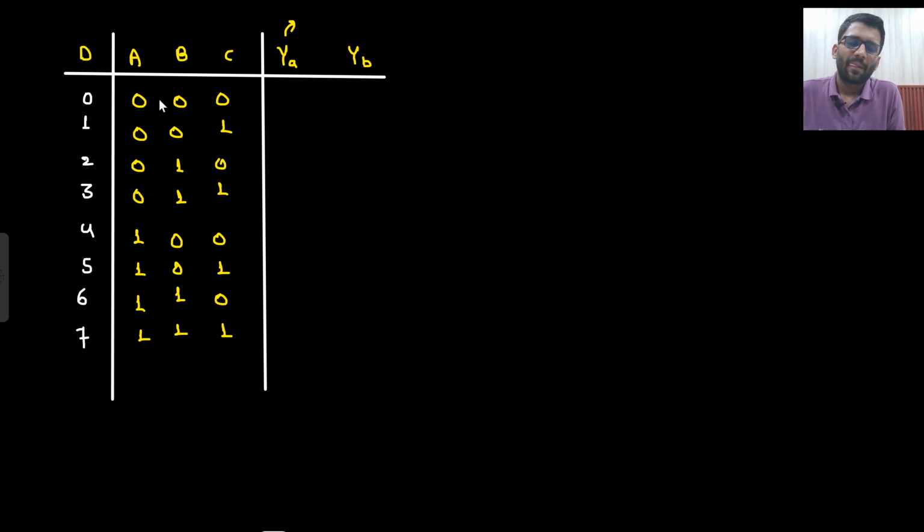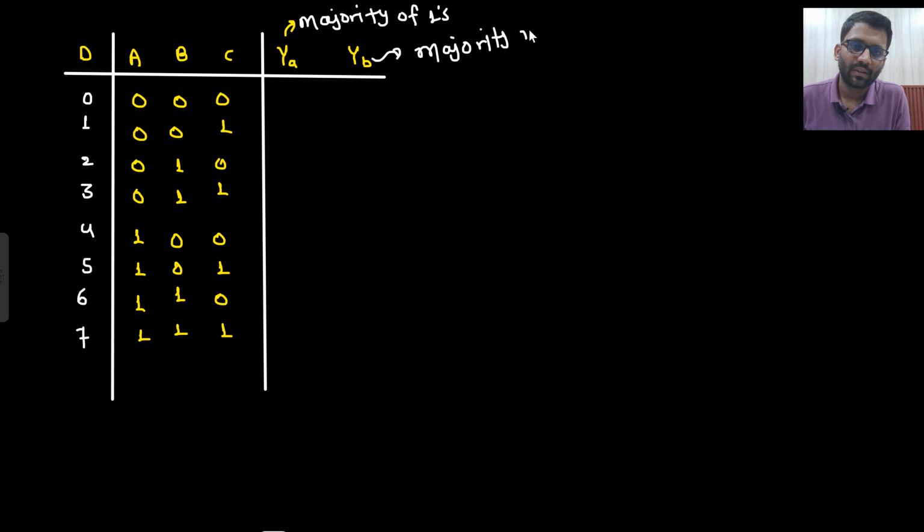So here, what is the majority? Majority is 0 only. This is majority number of 1s, and this is majority number of zeros. So here 0 is in majority, 1 is not even there. So this is 0.